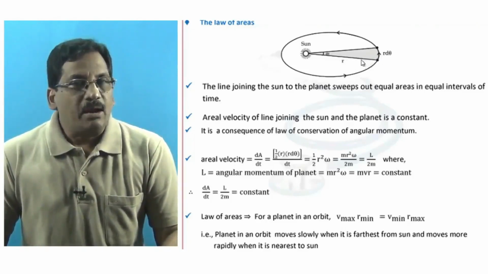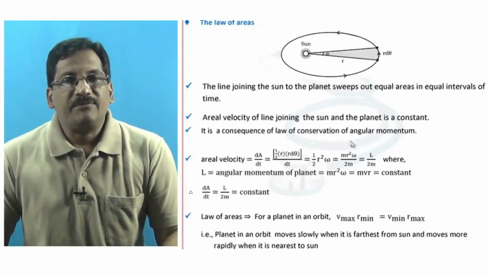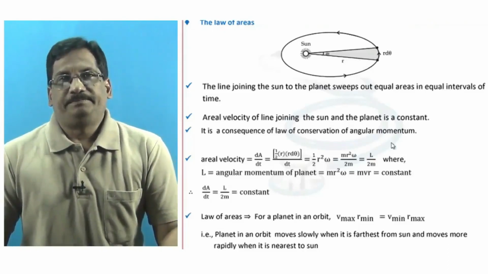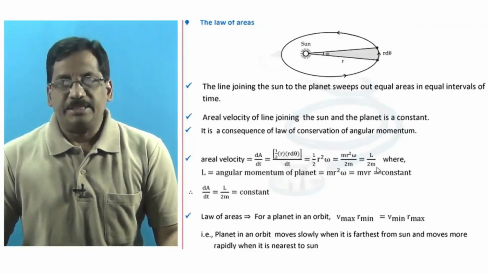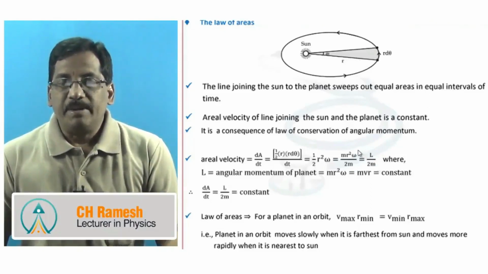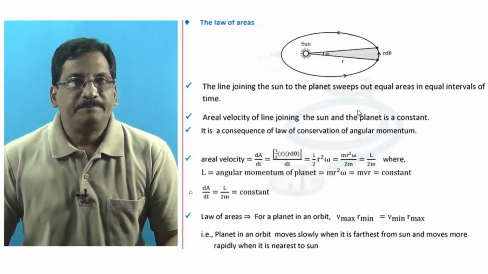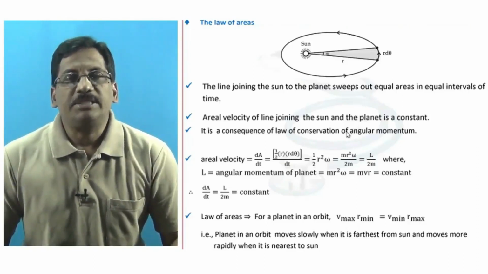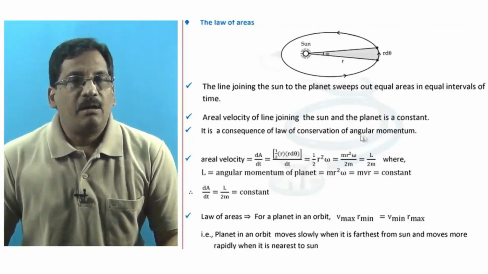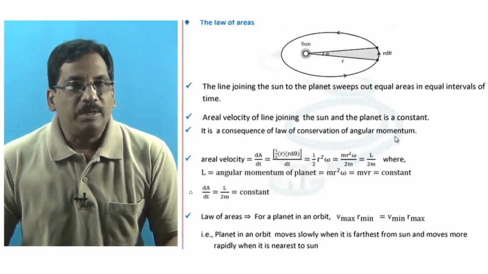It is a consequence of the law of conservation of angular momentum. So importantly, remember that Kepler's second law of planetary motion, that is the law of areas, is a consequence of the law of conservation of angular momentum.